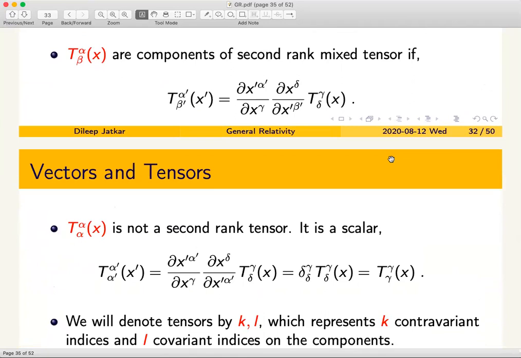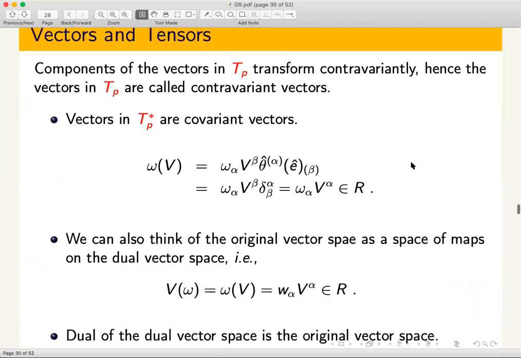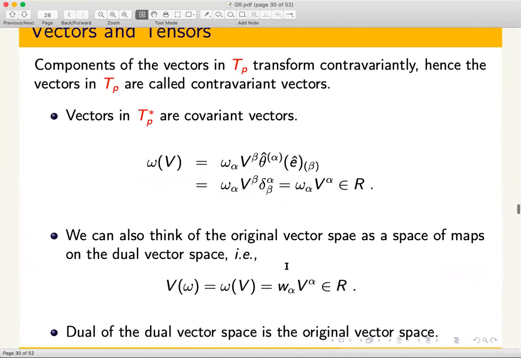Now remember when we looked at the inner product of a dual vector with the original vector, we said that omega acting on B gave us a number, and that number was defined as omega downstairs alpha with B upstairs alpha. If you want, I can go back a little and show you that expression. It is this. When you have indices repeated, the notation that we have been using is that the repeated indices are summed.